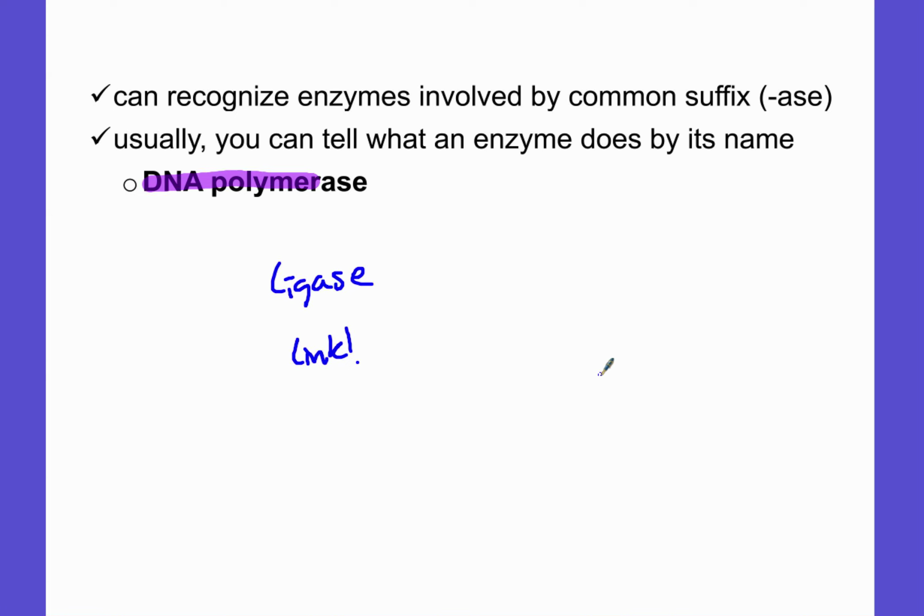So usually you can kind of tell from the name of an enzyme what it does. The helicase, right, helps to unwind that helix structure. The double helix has to be separated in order to do all of this. So just think about that when you see your enzymes.